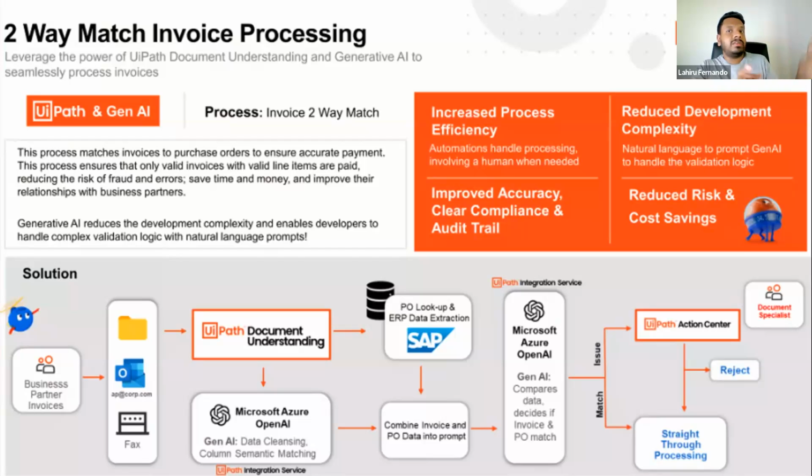So all these things require a lot of steps for validation and cleansing before actually starting to process them. In this use case, they present it like you extract the information and then you pass that information to Azure OpenAI to do the cleansing, and then you do the matching, and then that information is again cross-checked with another external application like an ERP system to validate that information as the next step.